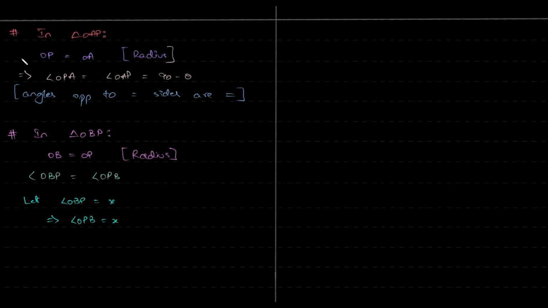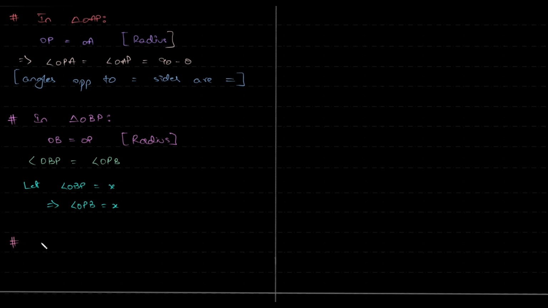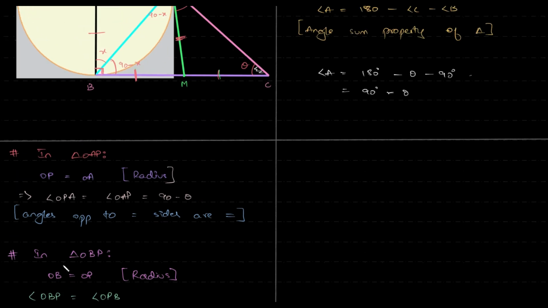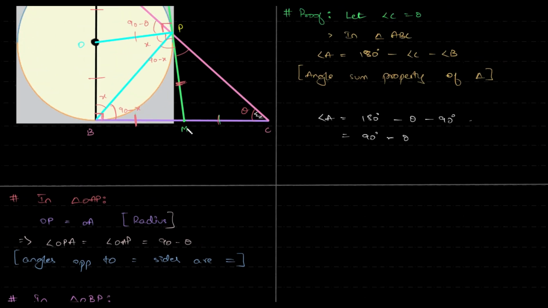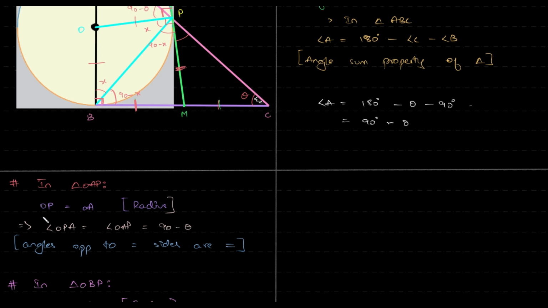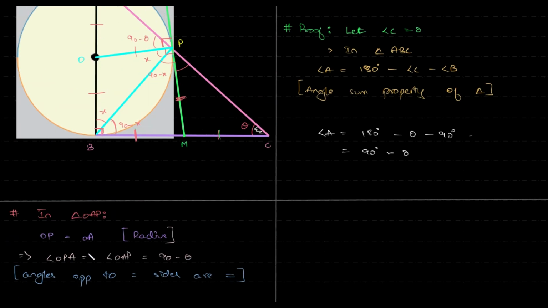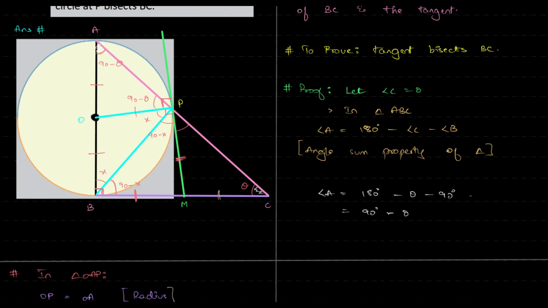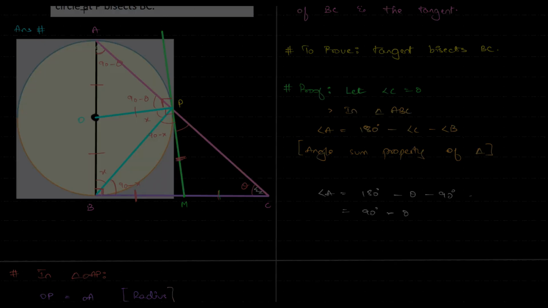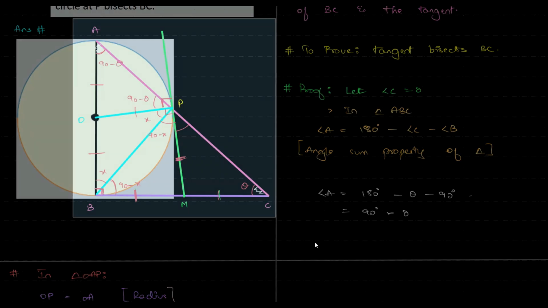And then we have triangle BPM. So it's a slow writing, a lot of writing. In triangle BPM, so what do we have? I'll copy the diagram actually. Let me copy the diagram. It's very convenient.